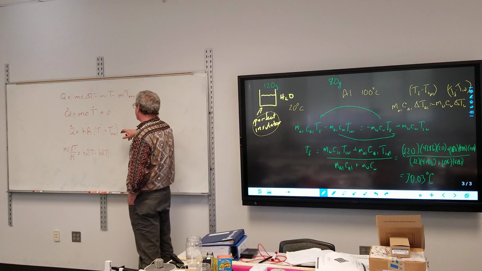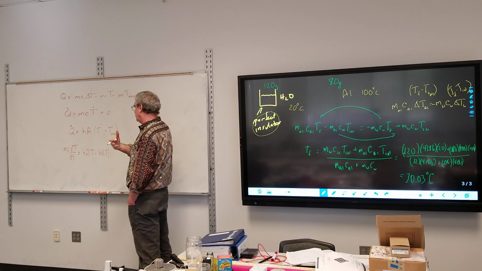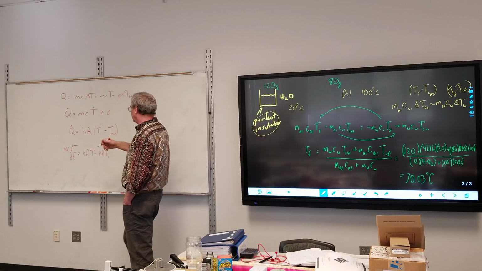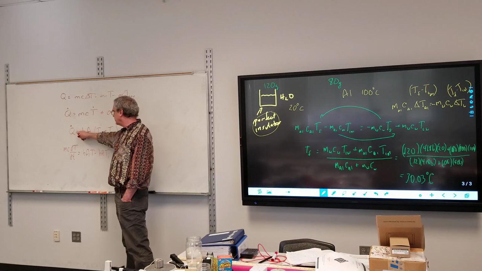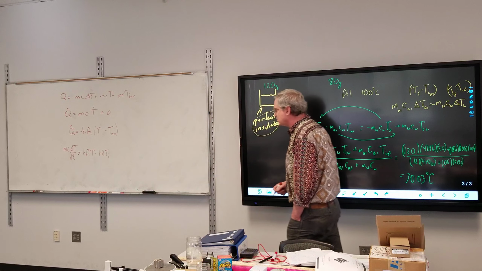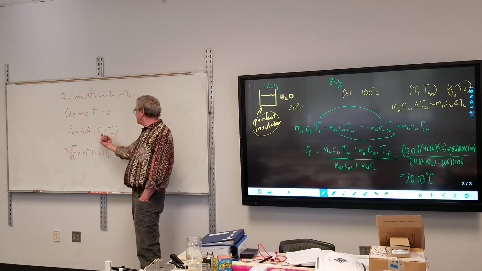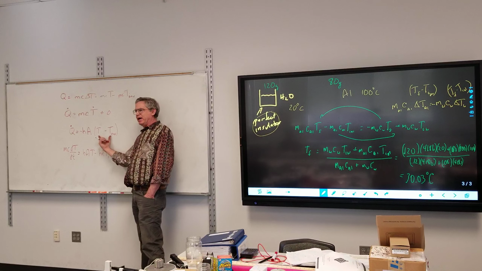If the temperature of the environment is less than the temperature of the probe, then there would have to be another negative in here. There we go. Because if the probe, this is the probe's temperature, this would be a positive number.